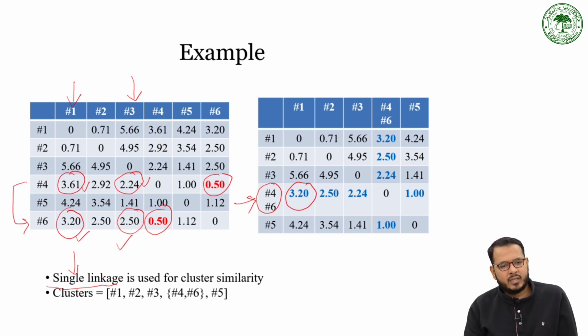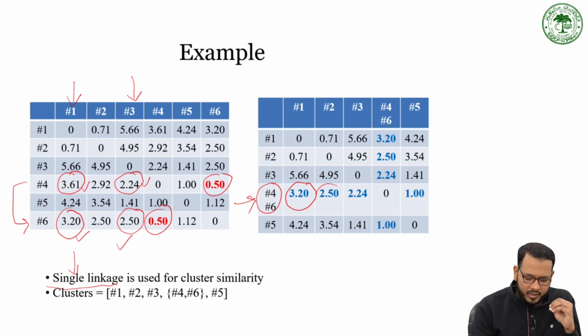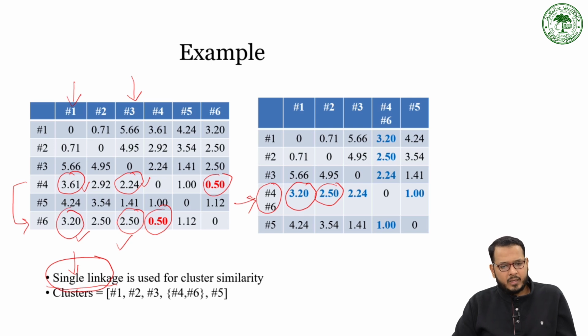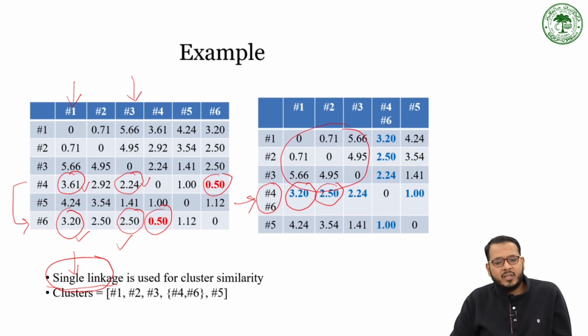So we will say that the distance between cluster 3 and the cluster 4, 6 put together is 2.5, because we are considering once again the single linkage property. And in this way, we update the values. Remember, the rest of the values will not change because we are not combining those clusters together.